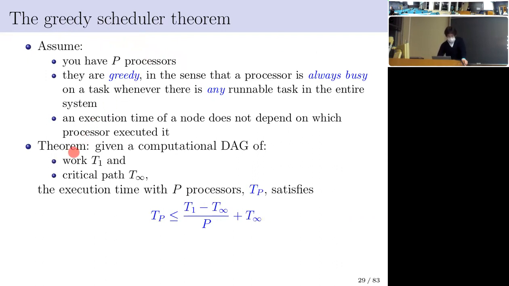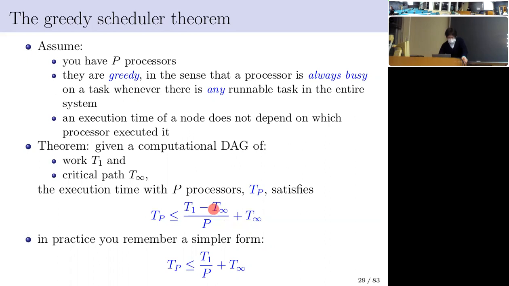The theorem says that, given a computational DAG of work T1 and critical path length T infinity, the execution time with P processors, denoted by TP, satisfies this inequality. TP is upper bounded by, well, this is a somewhat complex term, but I simplified it a little bit.